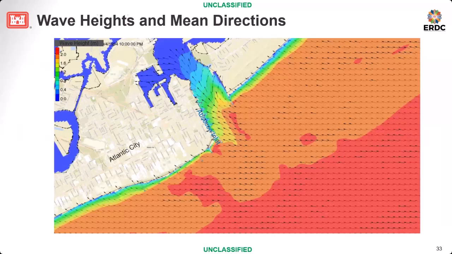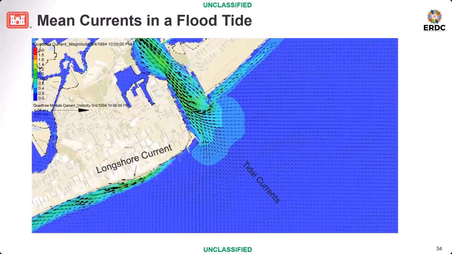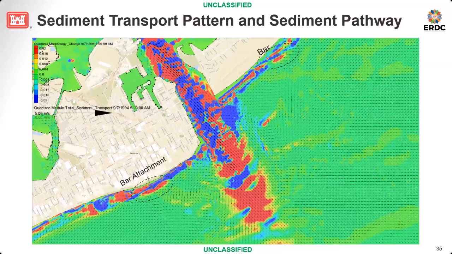This is a wave snapshot around the inlet. Red is high wave. You can see the shoreline and the breaking is included. Wave can transfer into the back bay. This is the tide current, offshore and the longshore current, including the nearshore, by the CMS model. This is the sediment transport change, which induced a change of bed elevation.